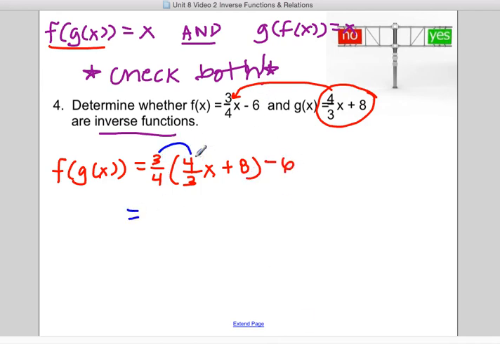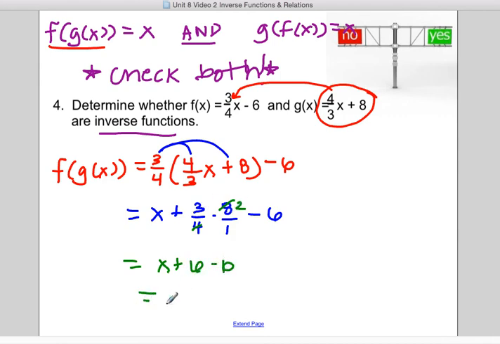Distribute. 3 over 4 times 4 over 3 is 1, so I just have x, plus 3 over 4 times 8 over 1, minus 6. Let's simplify. 8 divided by 4 is 2, so I have x plus 3 times 2 is 6, minus 6, which gives me, those cancel, x.